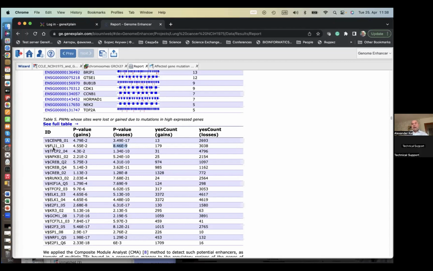This may be a protective selection, which stabilizes the genome, or it can be a driver selection. If Fli is so important, for instance, it can activate genes which facilitate the growth of the tumor. Then these Fli binding sites will be mutated, or created, by the way, by this selection.